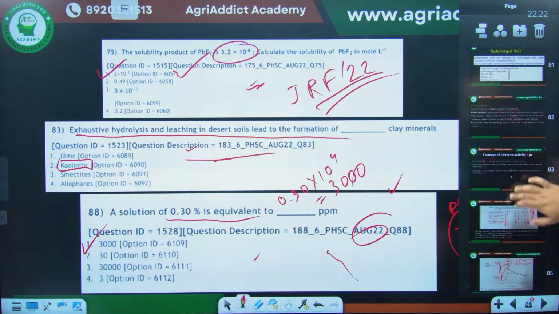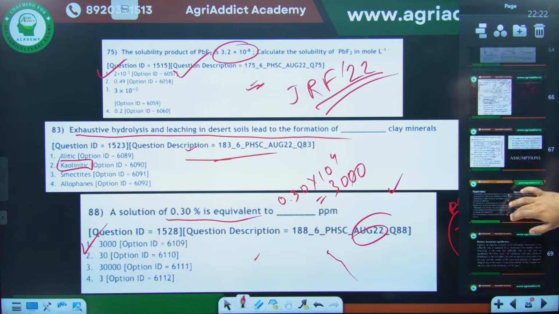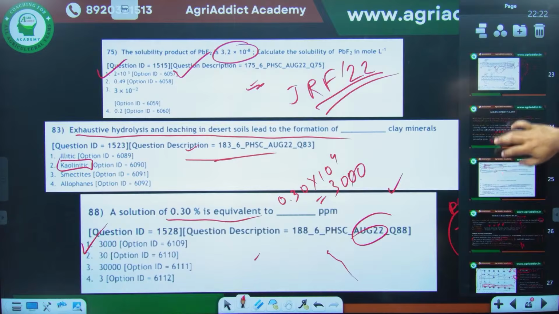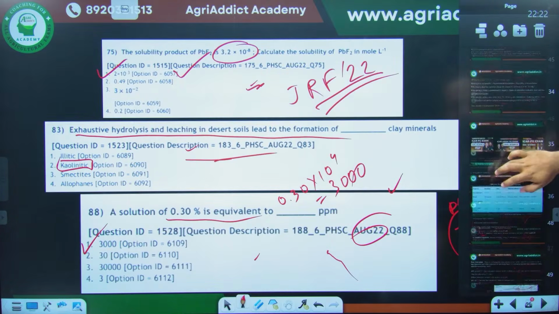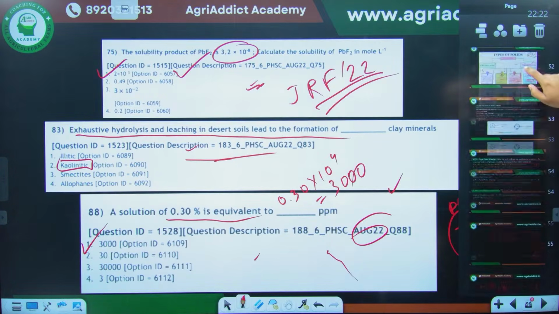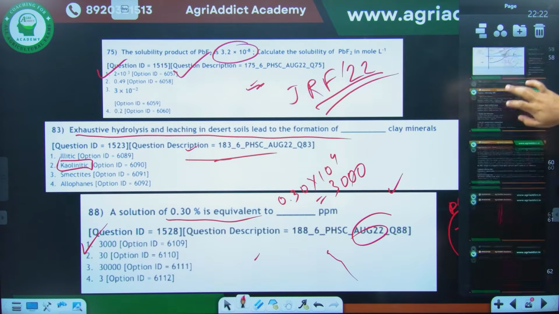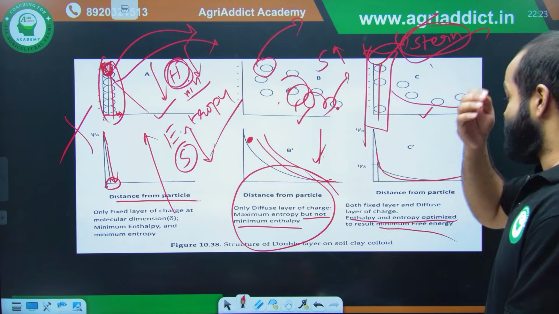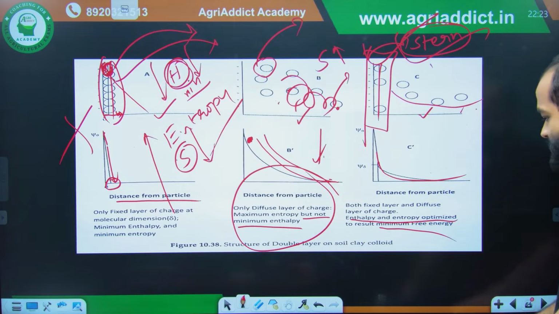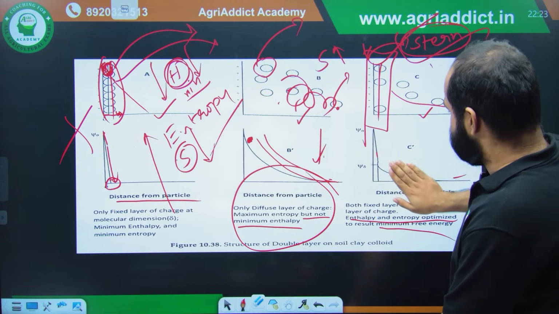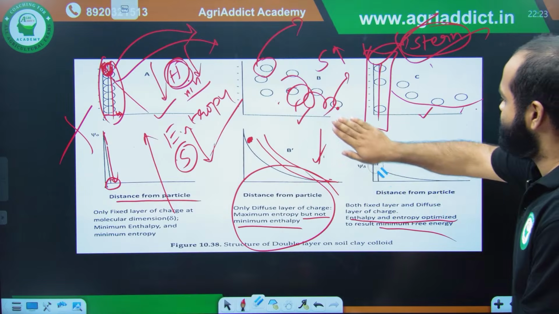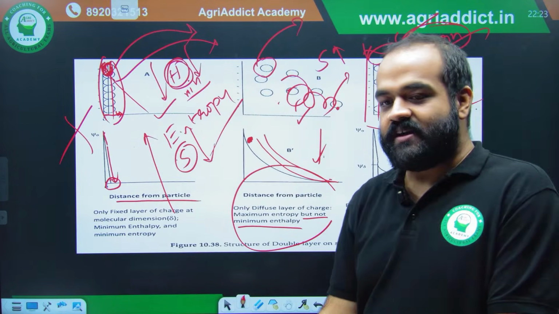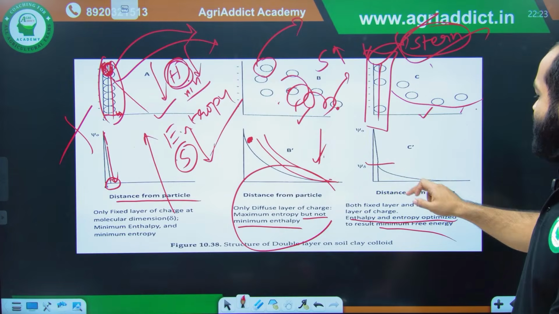So I will go to the double layer, and I have missed one part that I will very quickly say. That will be zeta potential, right? Zeta potential I have not told. If you come to this slide, zeta potential is the potential difference between the fixed layer and the mobile layer.